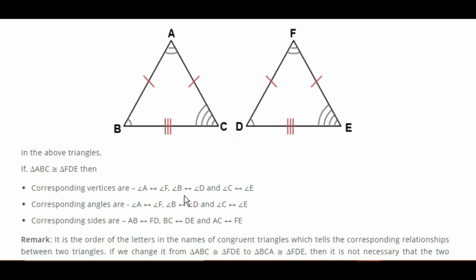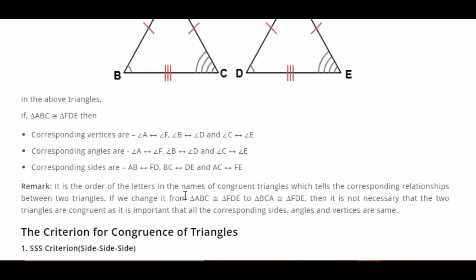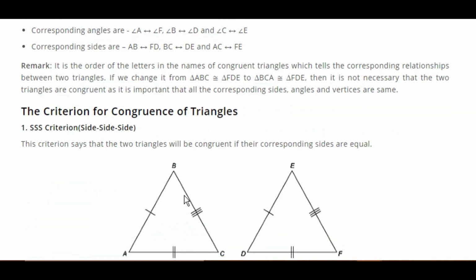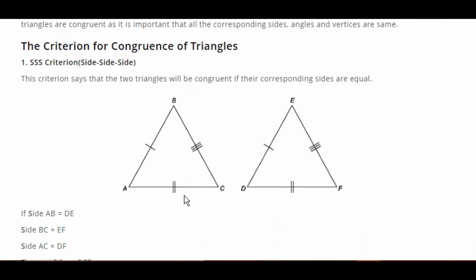If the order of the letters in the names of congruent triangles, which tells the corresponding relationship between the two triangles, changes, then these corresponding properties will also change. As I told you earlier, there are basically four criteria.